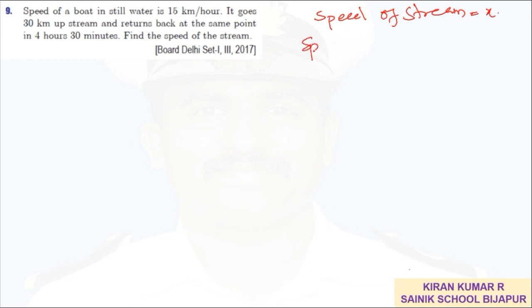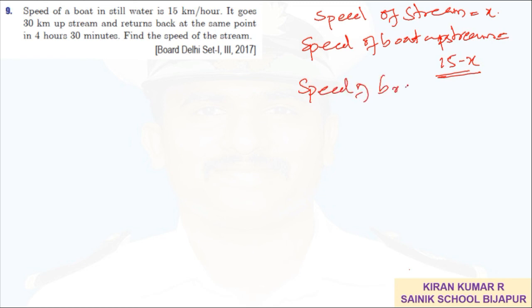Let me consider the speed of the stream to be x. So the speed of the boat upstream will be equal to 15 minus x. Always remember, upstream the speed decreases and the speed of the boat downstream increases. It is 15 plus x.